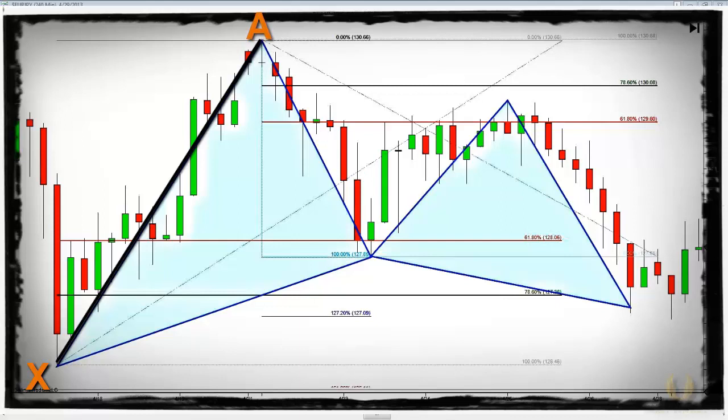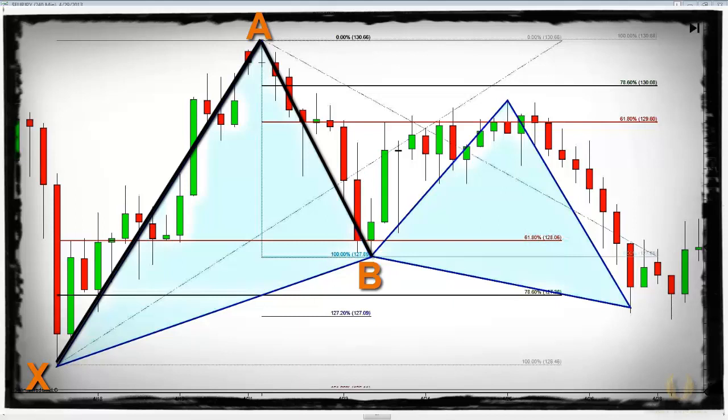Step 2, the A to B leg. After our initial X to A move, so our anchor leg or our impulse leg, we look for price action to make and complete a valid B leg move. For the Gartley pattern, the B leg is considered to be valid if price action completes and retraces between the 61.8 and 78.6 Fibonacci retracements taken from the X to A leg.